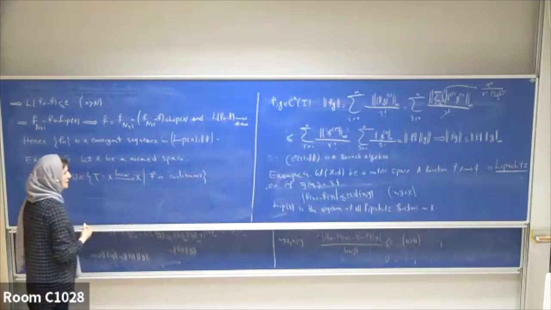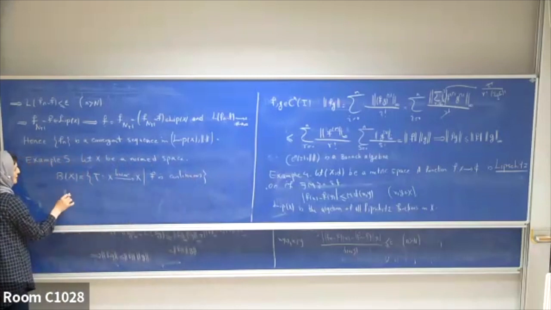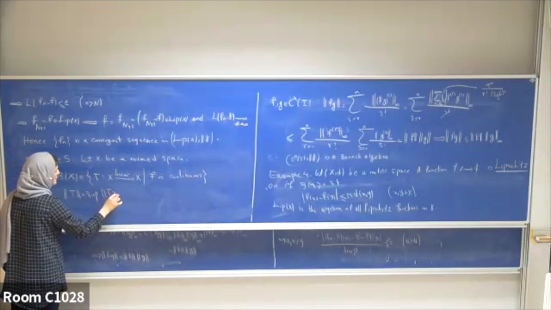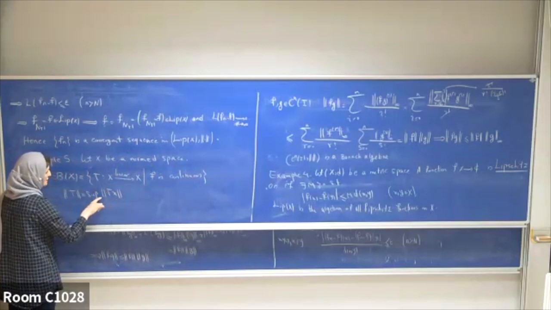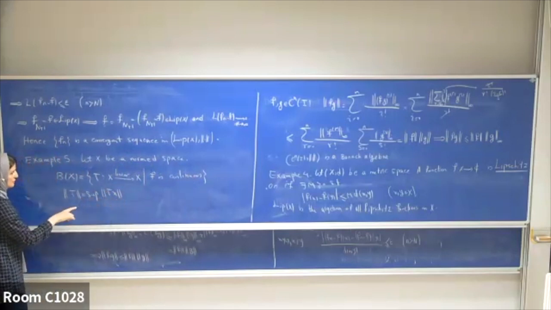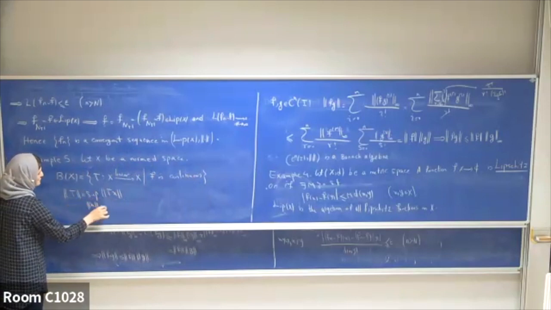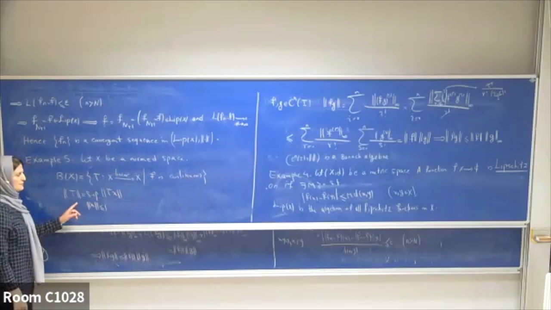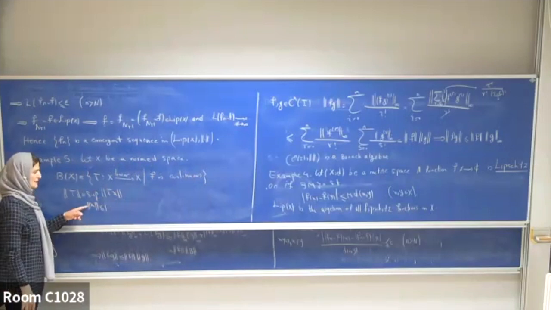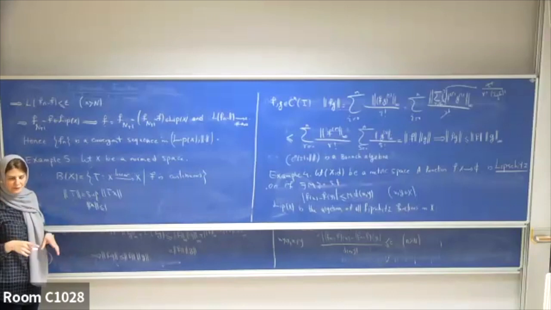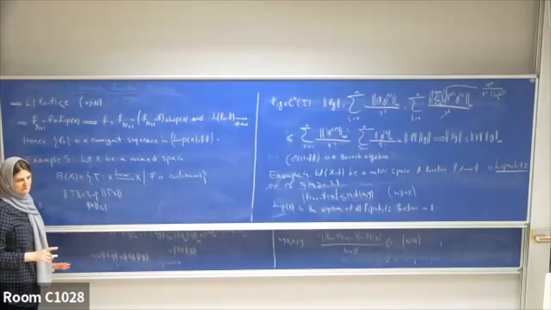Bounded in the sense that the norm we consider here is the usual operator norm. It means the supremum of the norm of T(x), this is the norm in X, over all those elements x in X with norm at most 1. It doesn't matter if we choose elements in the closed unit ball, just the unit sphere, or the interior of the unit ball.